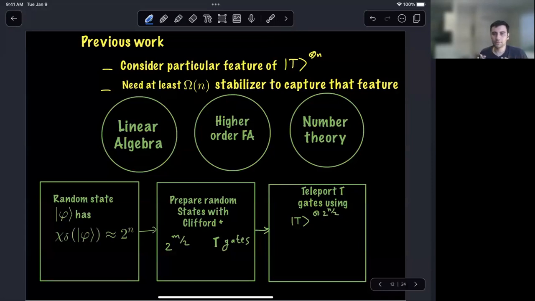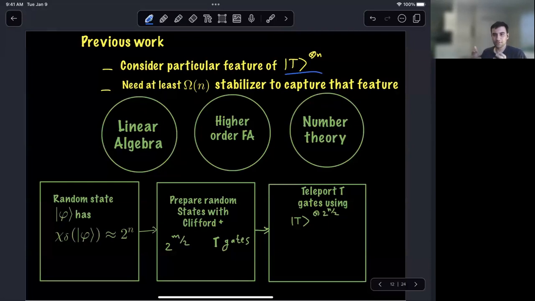They considered one specific feature of this state t to the n. For example, you can consider the maximum overlap of this state with all stabilizer states. And then they proved that if you want to capture this particular feature, you need a linear number of stabilizer states. So if you have, for example, a square root n number of stabilizer states, you cannot have that specific feature.